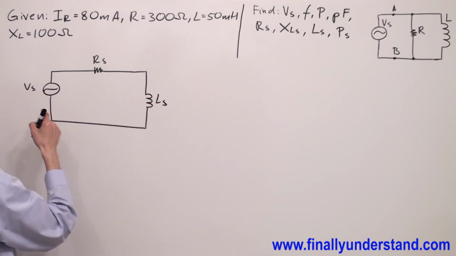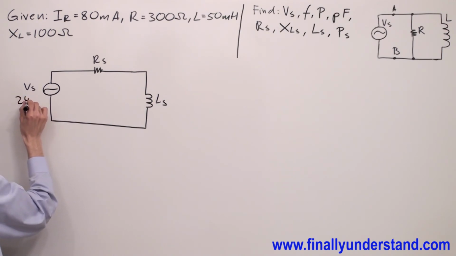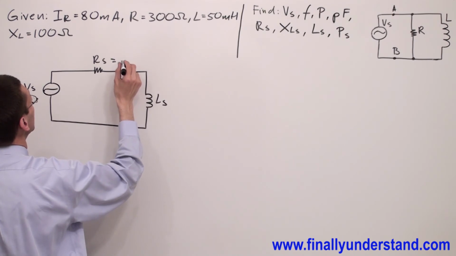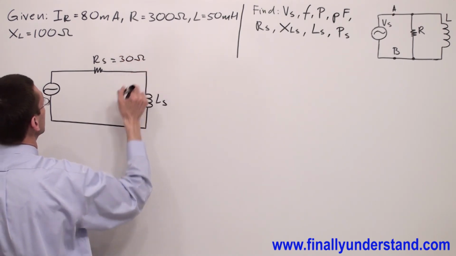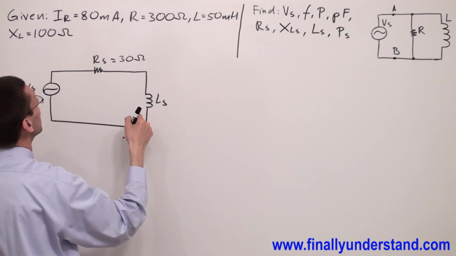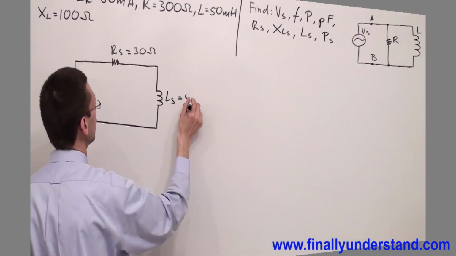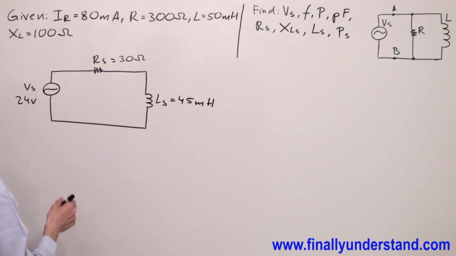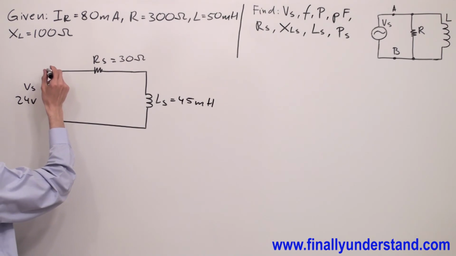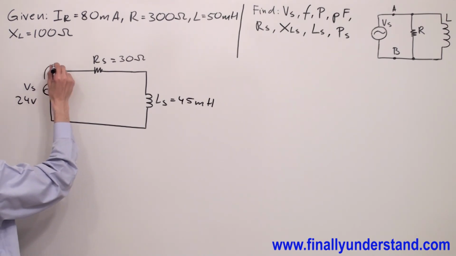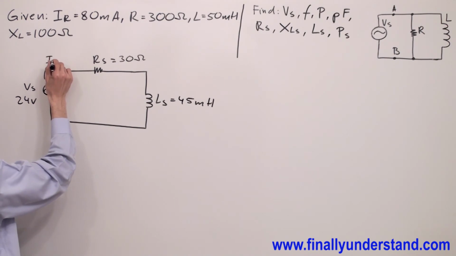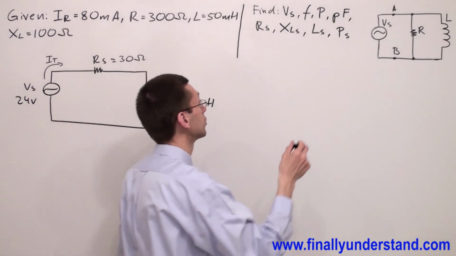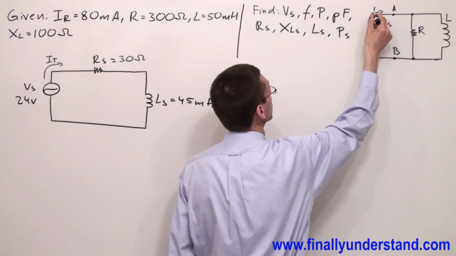We found that the voltage source has a voltage of 24 volts, Rs is equal to 30 ohms, and Ls we found is equal to 45 millihenries. Also, you're supposed to realize that the total current in my series equivalent circuit is going to be equal to the total current in my parallel circuit.